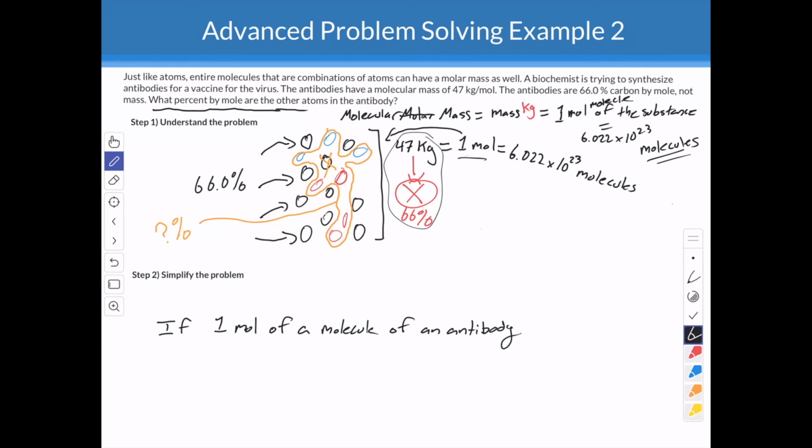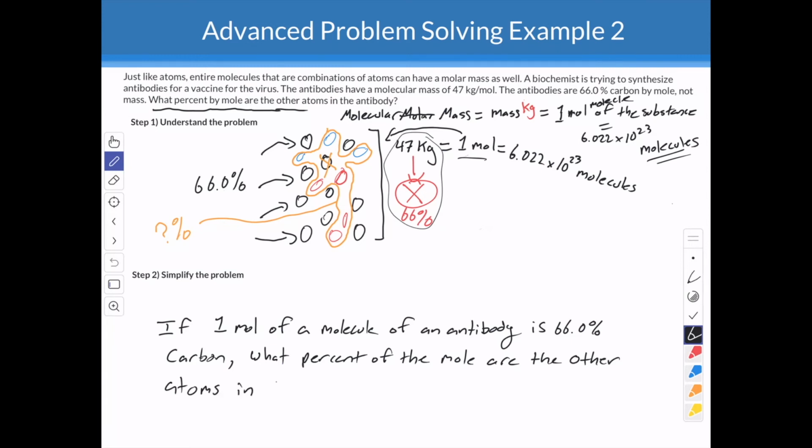If 1 mole of a molecule of an antibody is 66.0 percent carbon, what percent of the mole are the other atoms in the mole of the molecule?